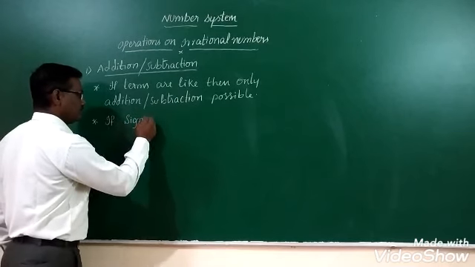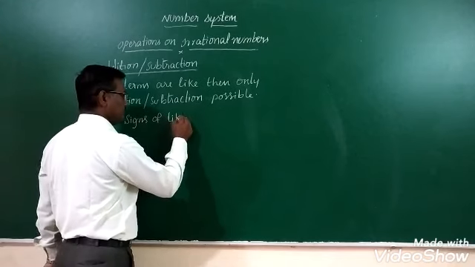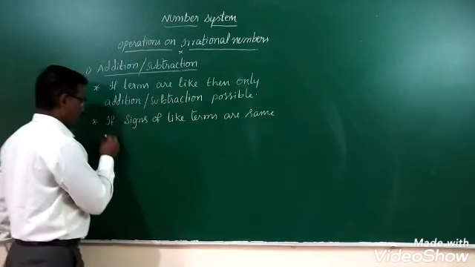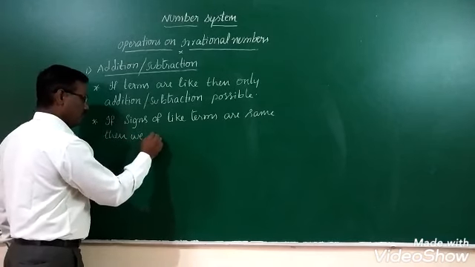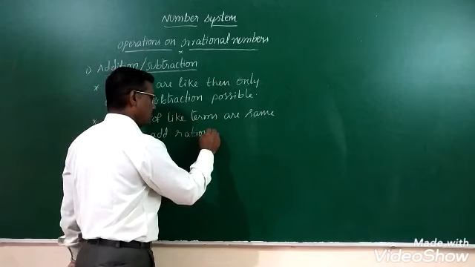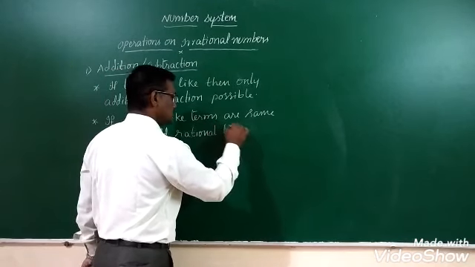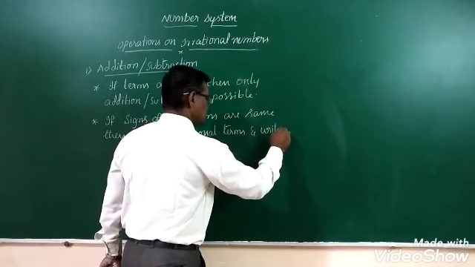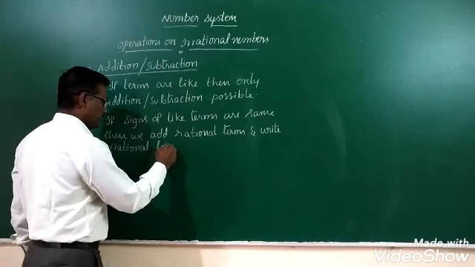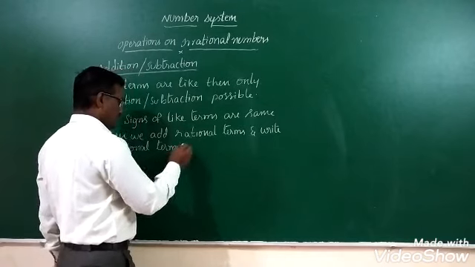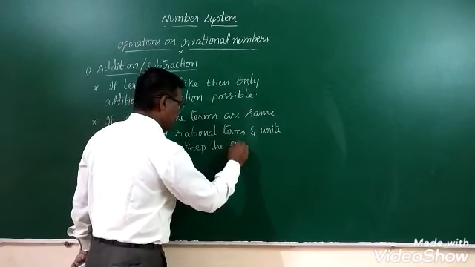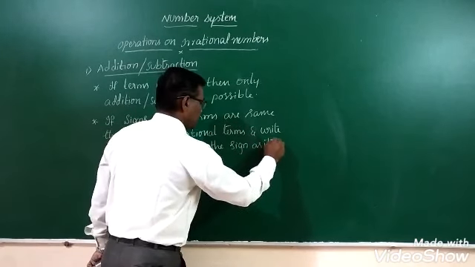And also second one, if signs are same, signs of like terms are same, then we add rational terms and write irrational term, and keep the sign as it is.